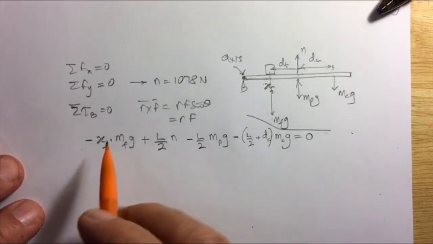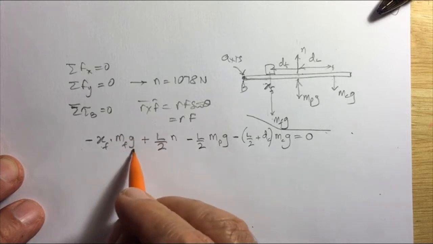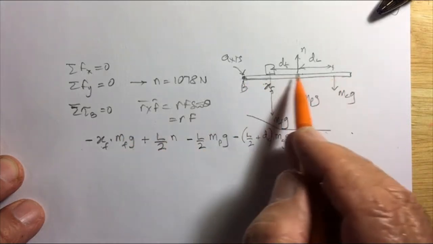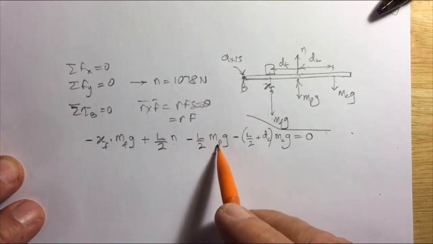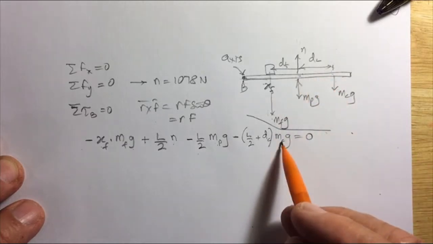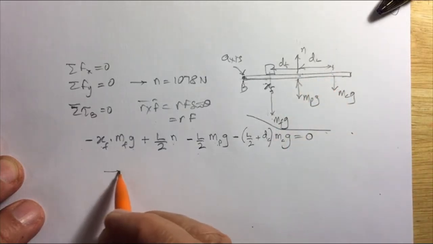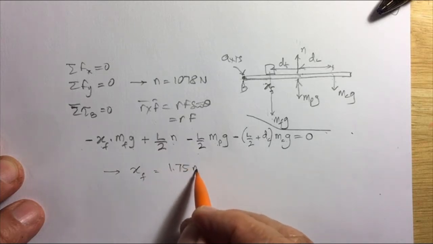Now we don't know x_f, but we have the mass of the father, the g, we know the L by 2, it's going to be 3 meters. We know the normal force, which we have here. We have the L by 2, mass of the plank, g, L by 2 is 3, d_c is 1.25. All of these are known, and we can solve this to get x_f comes out to be 1.75 meters.